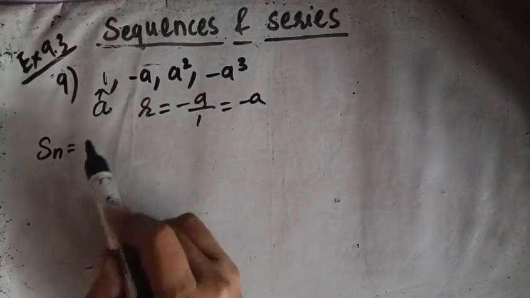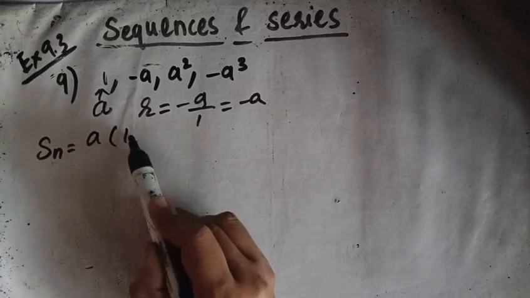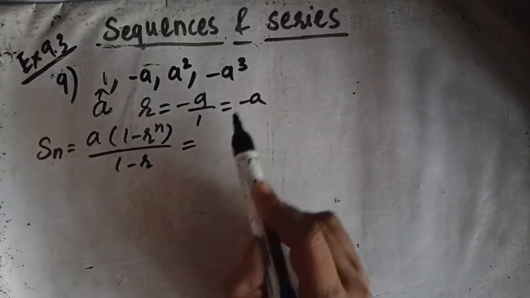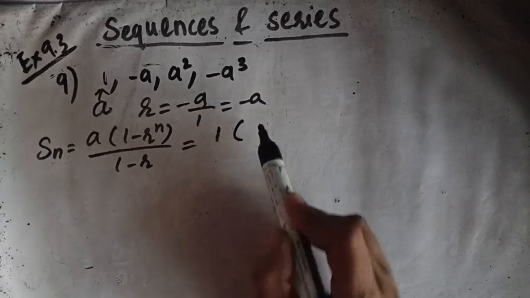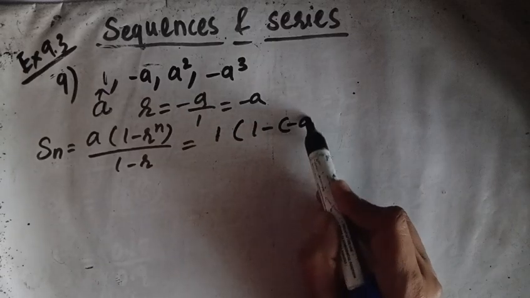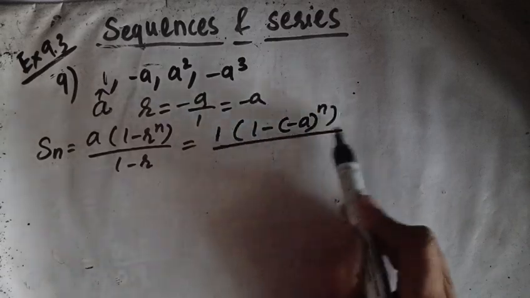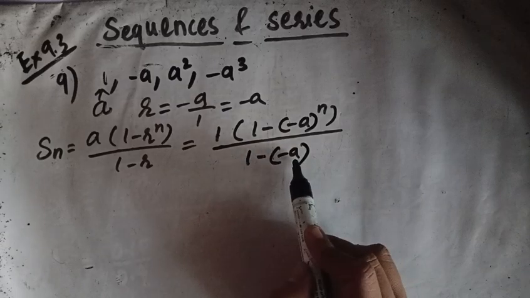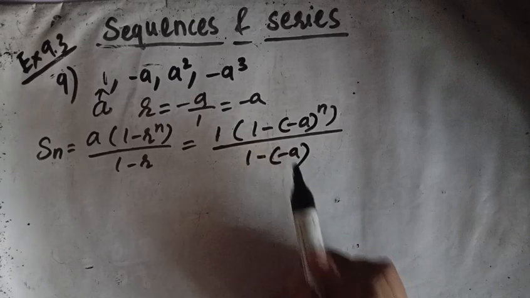So Sn is a into 1 minus r raised to n upon 1 minus r, which is 1 into 1 minus minus a raised to n upon 1 minus minus a. So this becomes 1 plus a. Okay.